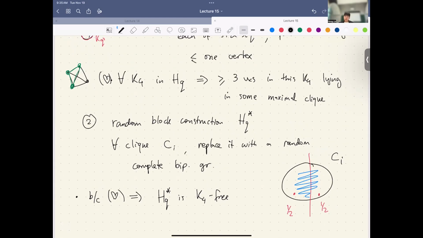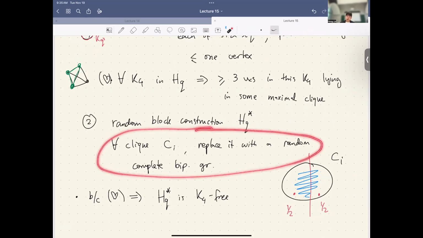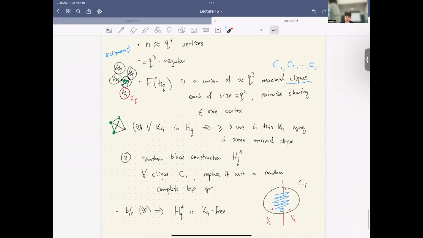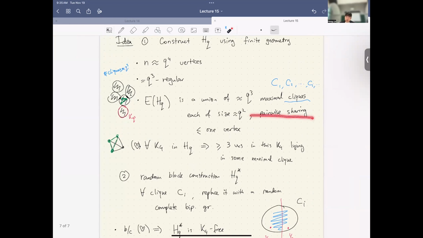First of all, I want to say that this step is well defined. Which property do we use to make sure that this is well defined? Every clique shares at most one vertex. Because of this, every edge is contained in exactly one clique. There's no confusion when we do this partitioning one by one.